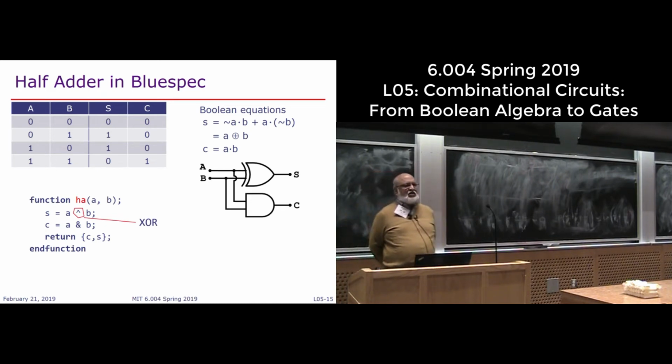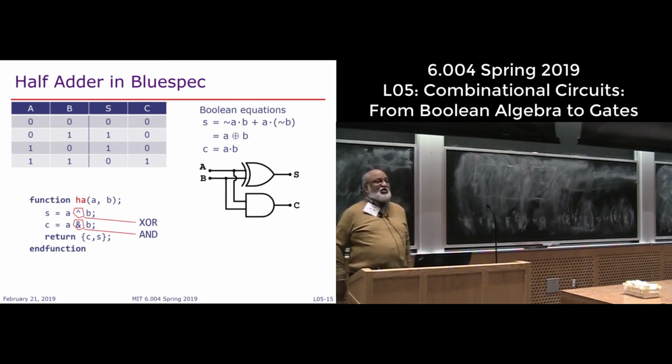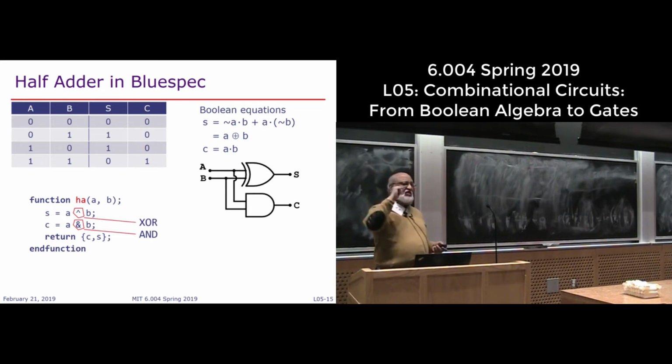Whenever you have exclusive OR, you can use this caret over there. And what do you think the next one is? It reads like AND, right? Is this description easy to write? And what do you return, by the way? You're returning the carry and the sum bit you have computed, right? So you have defined C, you have defined S, and now you're returning C and S from it.